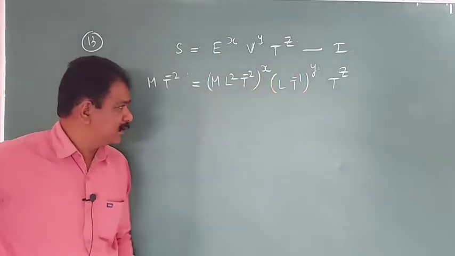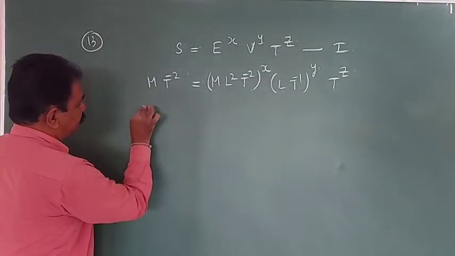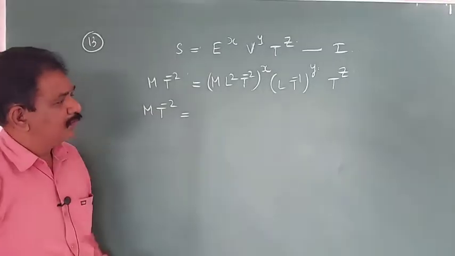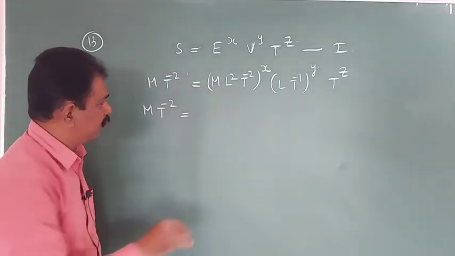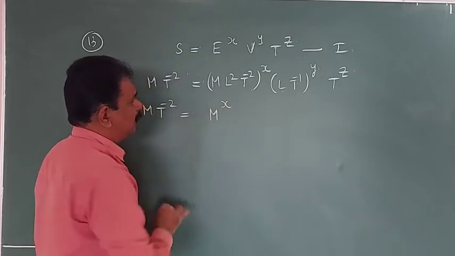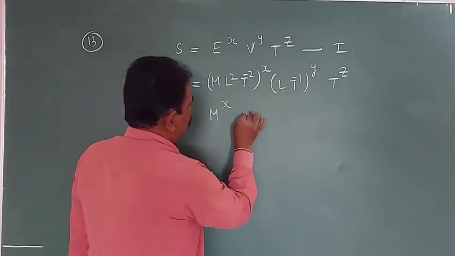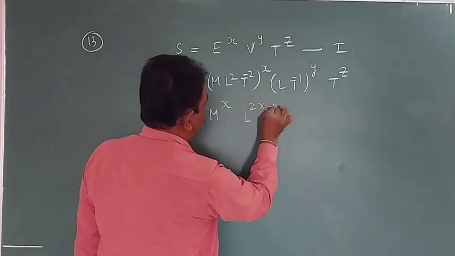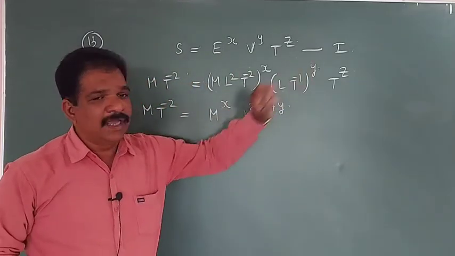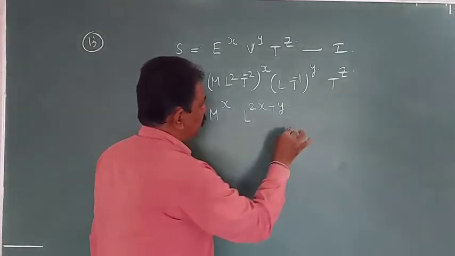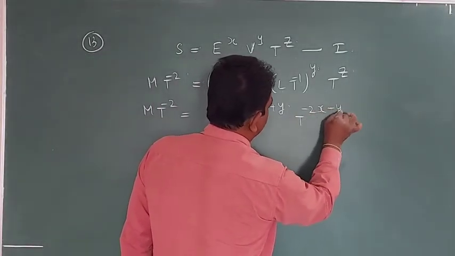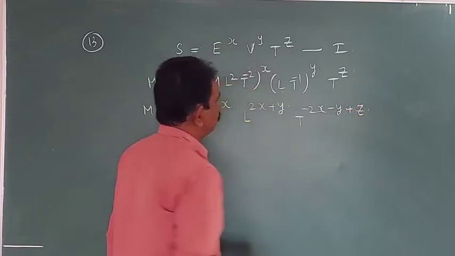We wrote the dimensions. Then M T power minus 2. All M powers you write at one place. Only one M is there on the left, M power x on the right. Here L power 2x plus y. L power 2x, L power y. Here T power minus 2x minus y plus z.